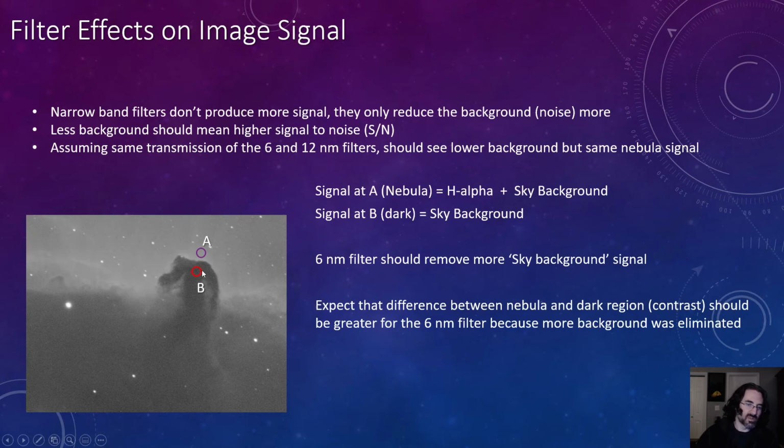Compared to looking at a spot in the Horsehead that's being obstructed by a dark dust cloud, that should only be sky background. So what I would expect is in the 6 nanometer image, the difference between A and B should be greater because you've eliminated more background.